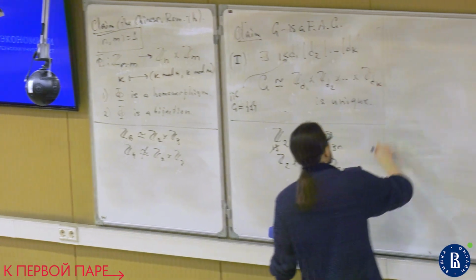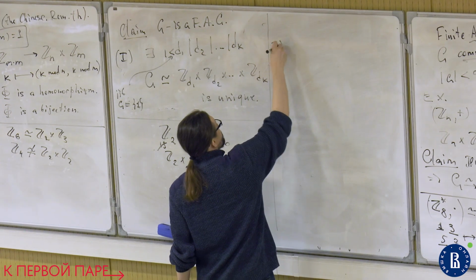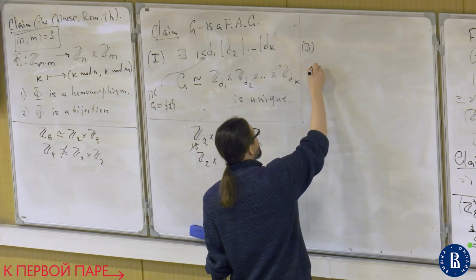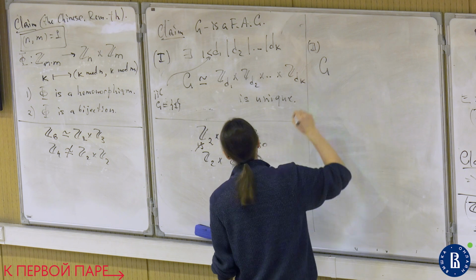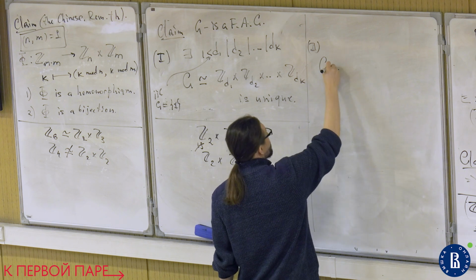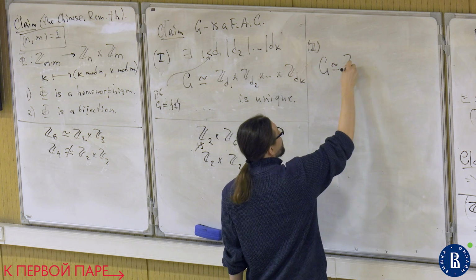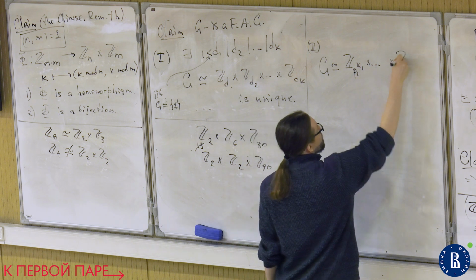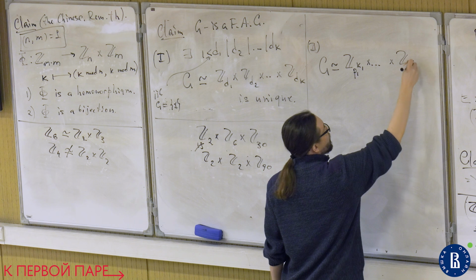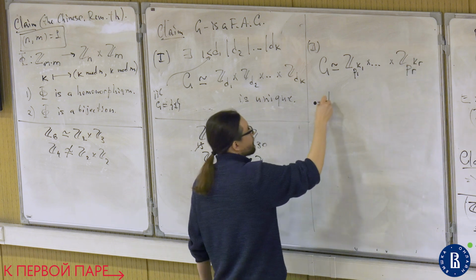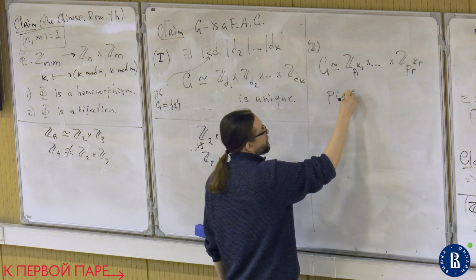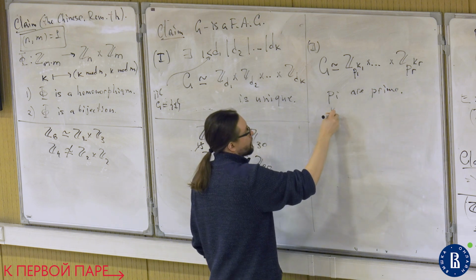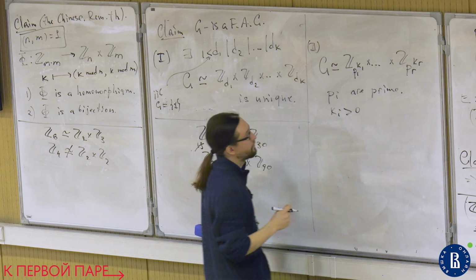Okay, so this is classification number 1, and classification number 2 says that you can present the group G in the following form: Z_{P1^K1} times ... times Z_{PR^KR}, where the Pi are prime and the Ki are strictly greater than 0.